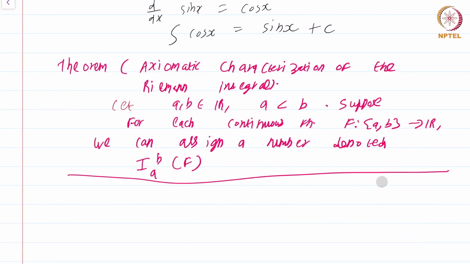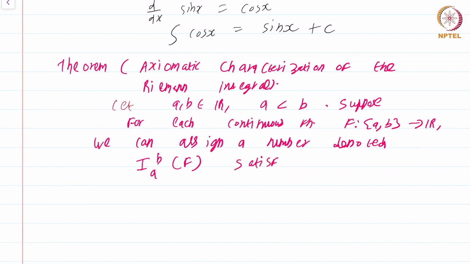Okay, this I_ab satisfying. So this is going to be an axiomatic characterization. So I'll have to characterize, right? I'll have to tell you what it satisfies.